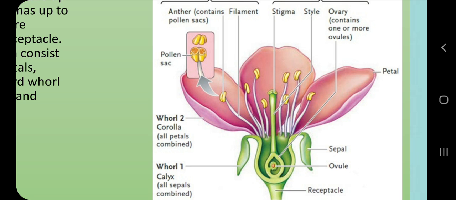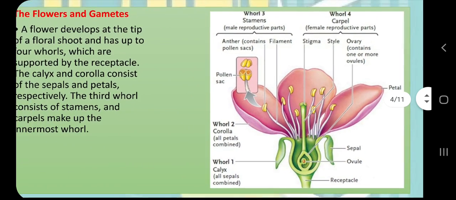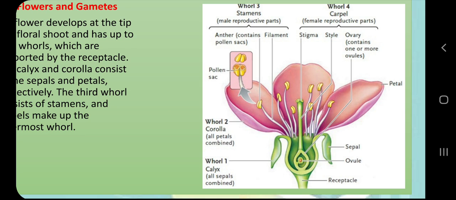So we have 4 basic whorls in a flower, which are: outermost is calyx, second outermost is corolla, then we have androecium, which is the whorl of male reproductive parts, and each member of androecium is called a stamen, and the innermost whorl is called gynoecium, and each member of gynoecium is a carpel.